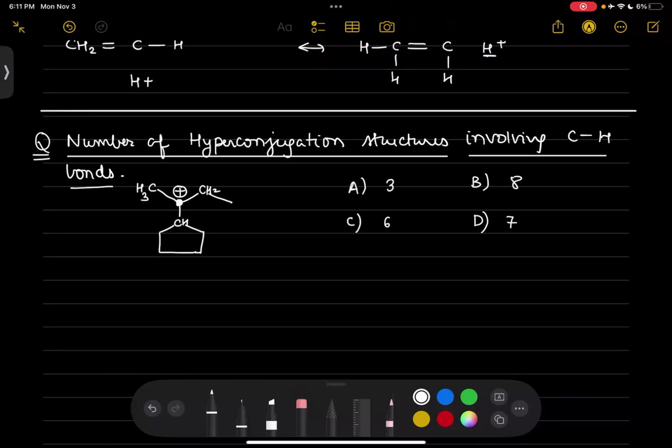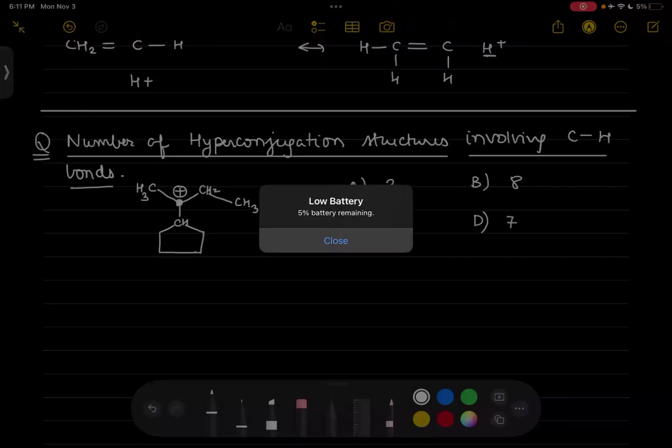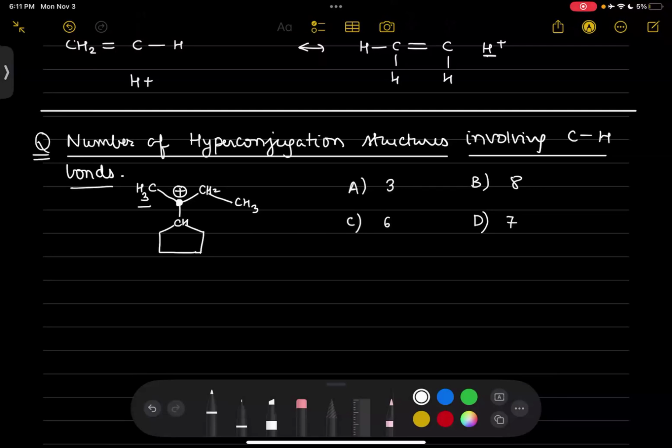So how many adjacent carbon atoms, and how many hydrogens do they carry? They carry 3 plus 2 plus 1. Is it clear? Yes, I was correct, right? It was 6. But I wanted you to give the more actual answer. Right? So, very easy question.